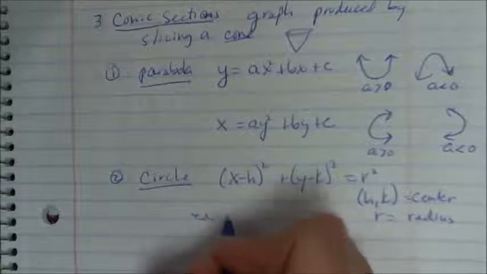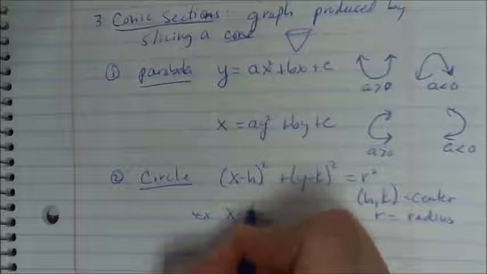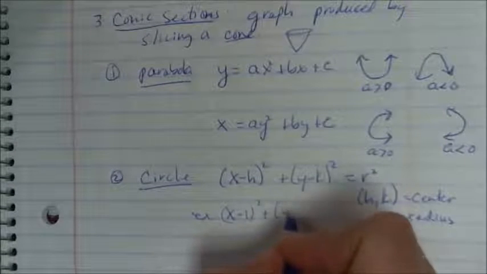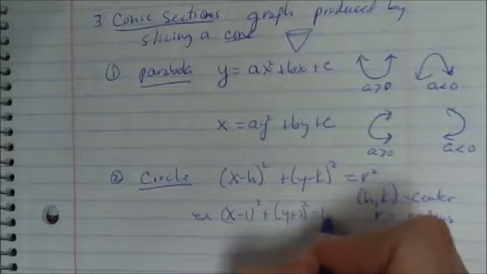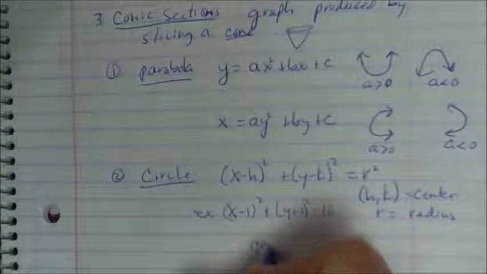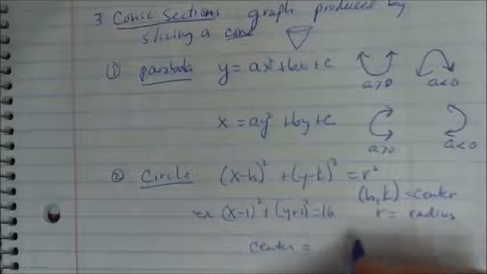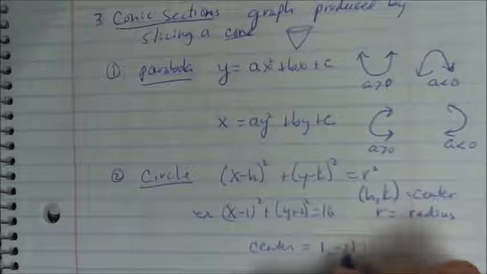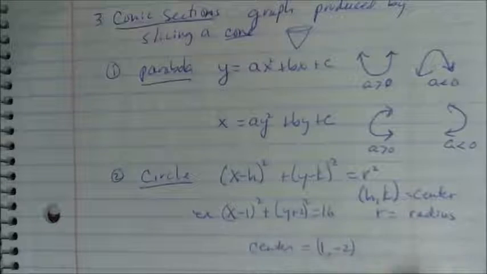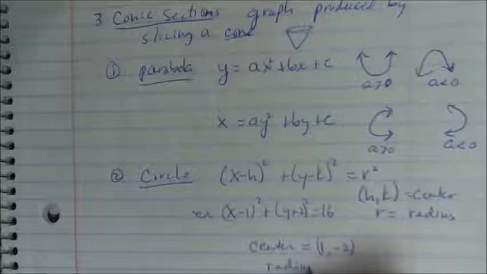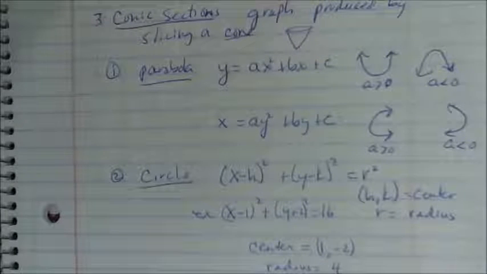For example, if you have something like (x minus 1) squared plus (y plus 2) squared equals 16, the center is going to be at 1 comma negative 2. It's the opposite of these two numbers, and the radius is the square root of 16, which is 4.